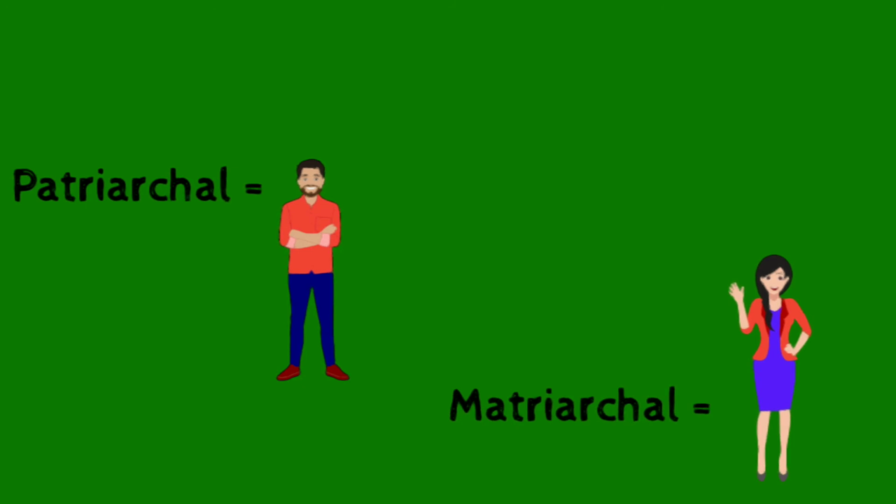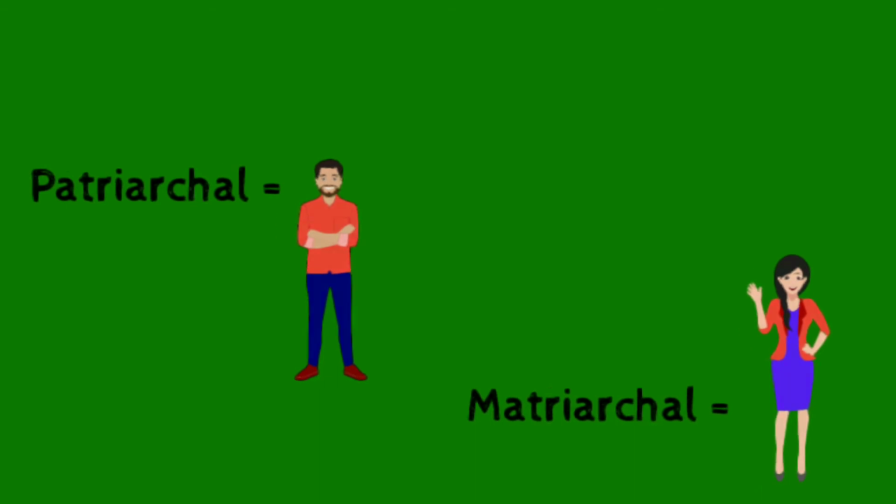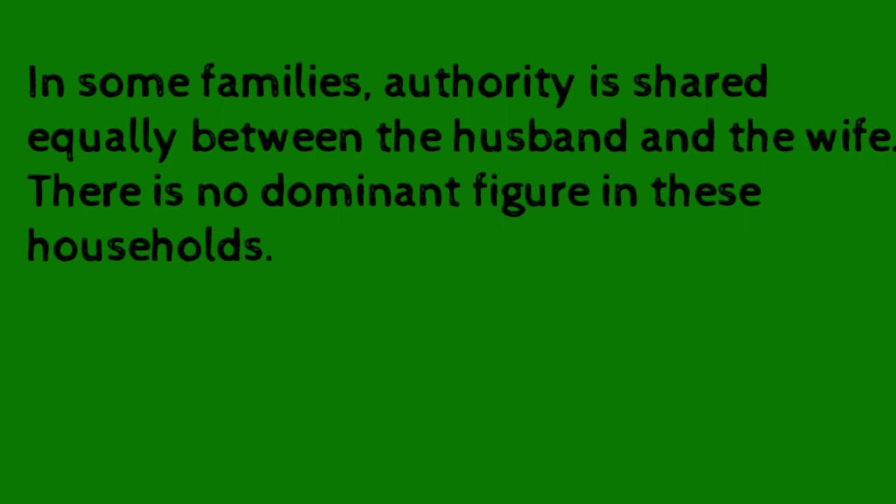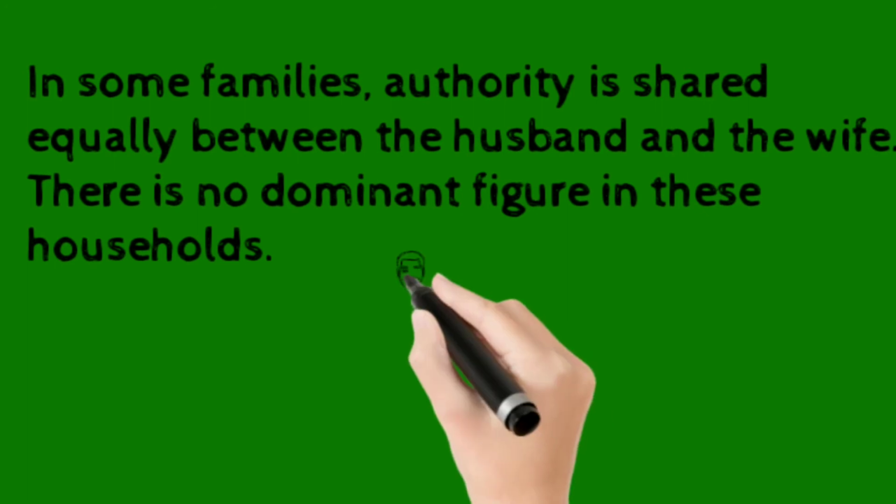More times than not it is the wife, because we're really referring to the relationship between a husband and a wife, and dominance can either fall on the husband's side or the wife's side. Now, both parties in the marriage can decide to share authority.